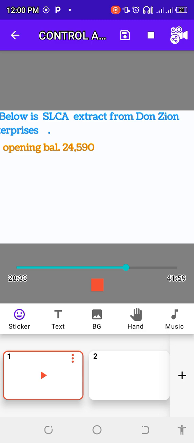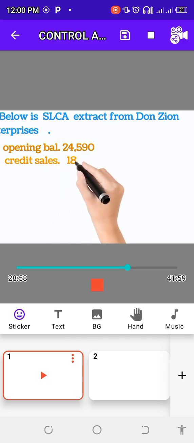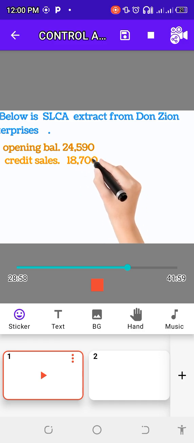Opening balance is 24,590. That is the opening balance. Then credit sales or sales journal balance is 18,700.